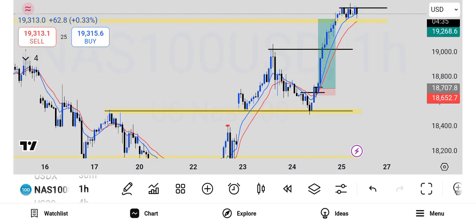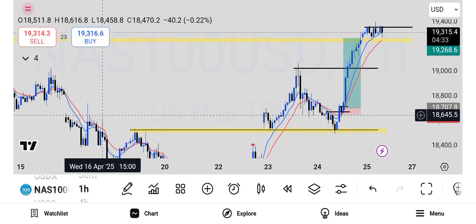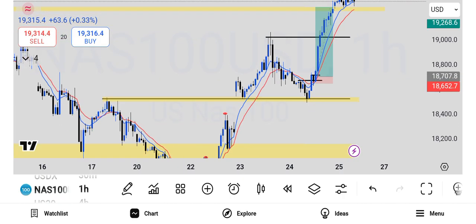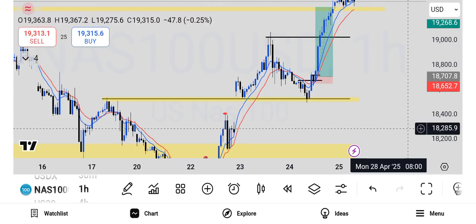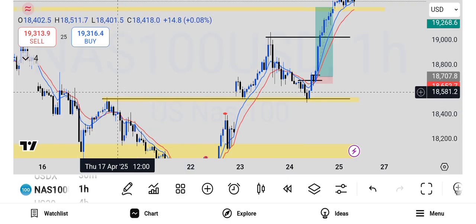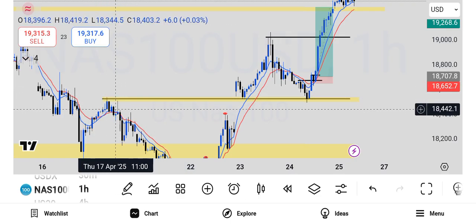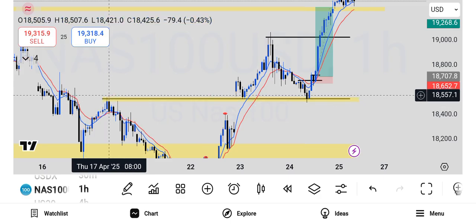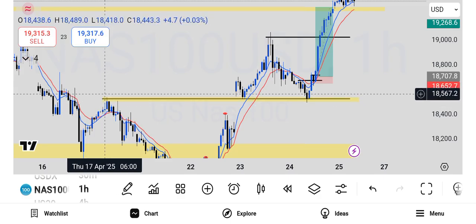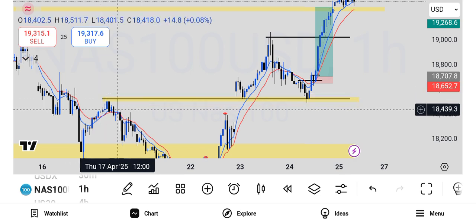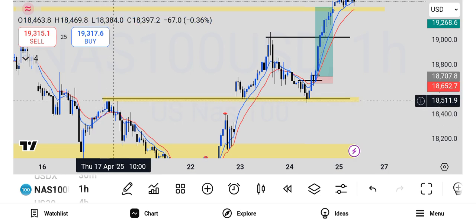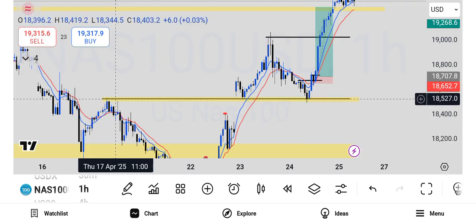Let me show you. So for me to confirm that the market is changing direction, right? I was waiting for this high over here to get broken. Based on my analysis and methodology, I knew that once price broke this structural high over here, we were gonna continue with the bulls.